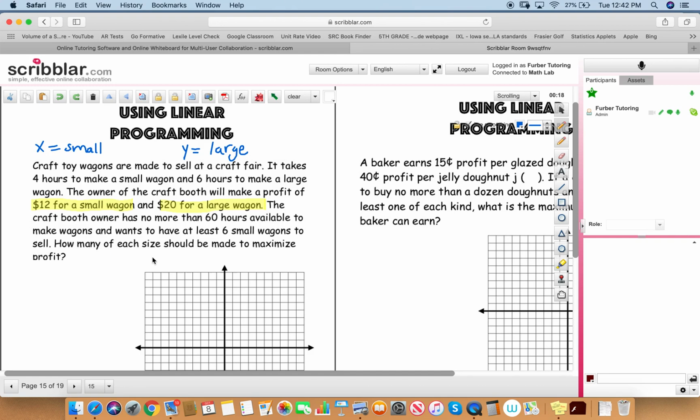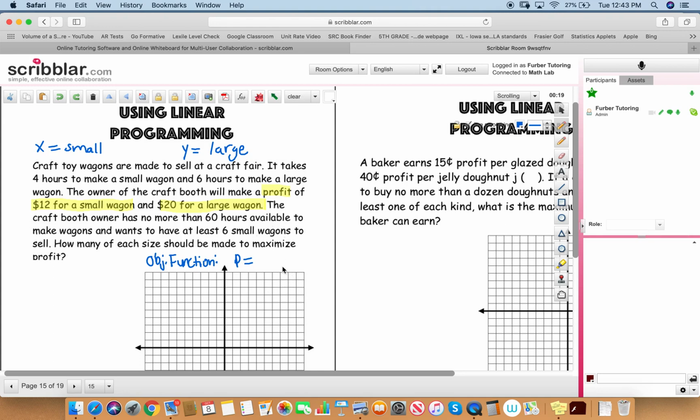Now I'm going to write my objective function. The objective function is what I am trying to maximize. I am trying to maximize his profit. Profit is mentioned in this sentence here, so I just have to apply it. The profit, P, is equal to, how does he make his profit?